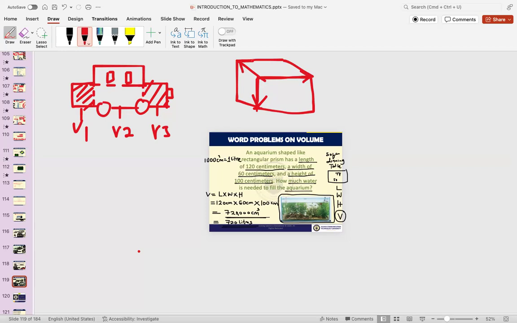Are you with me? Yes, sir. So where you sit, just picture yourself sitting. The shape of a car there looks like a box. Exactly. It looks like a box, but it's rectangular.